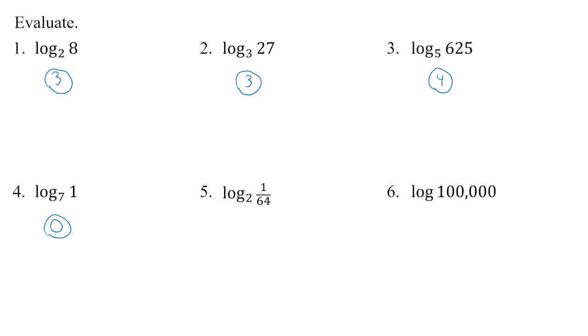Therefore, 2 will be raised to negative 6 to give you 1 over 64. Therefore, log base 2 of 1 over 64 is negative 6. And log of 100,000, which is the same as log base 10 of 100,000. Well, 10 was raised to the 5th power to give you 100,000. Therefore, log of 100,000 is 5.